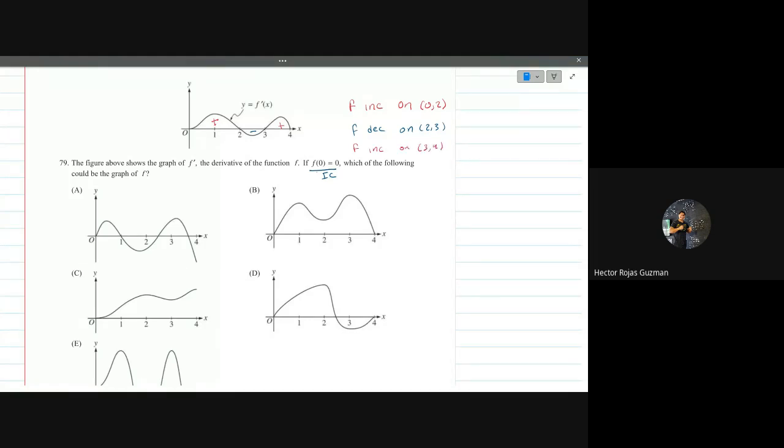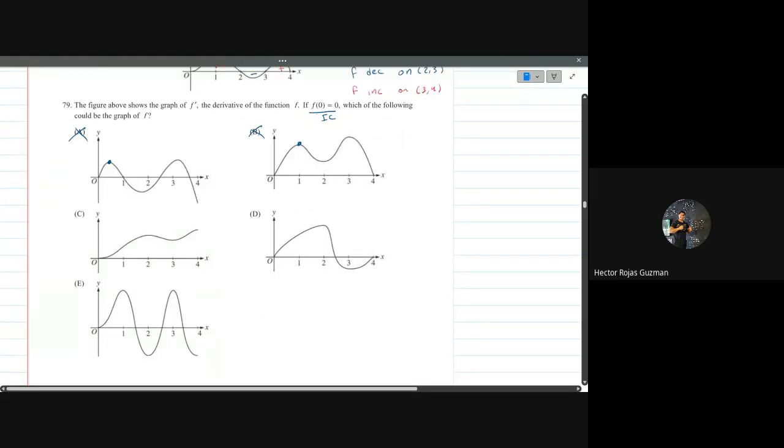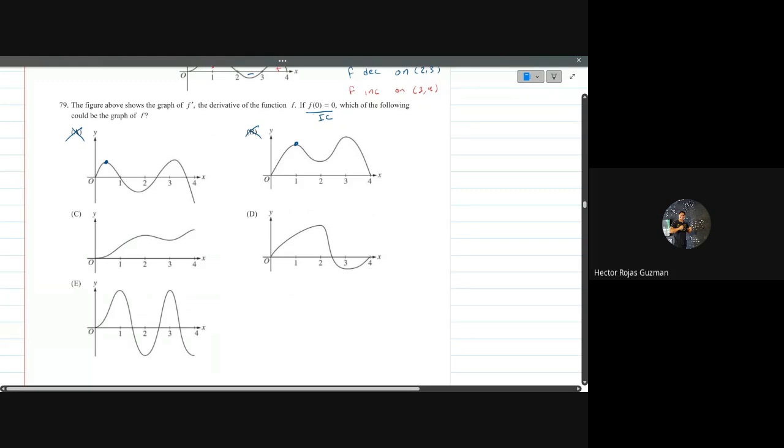Okay, so let's see. We're looking for a graph that's increasing from 0 to 2. A is gone because it starts to decrease right here. B is also gone because it starts to decrease at x equals 1. E is disqualified because it starts to decrease from 1.